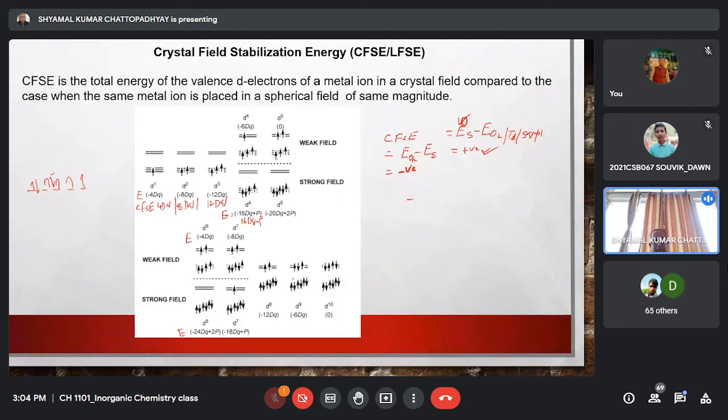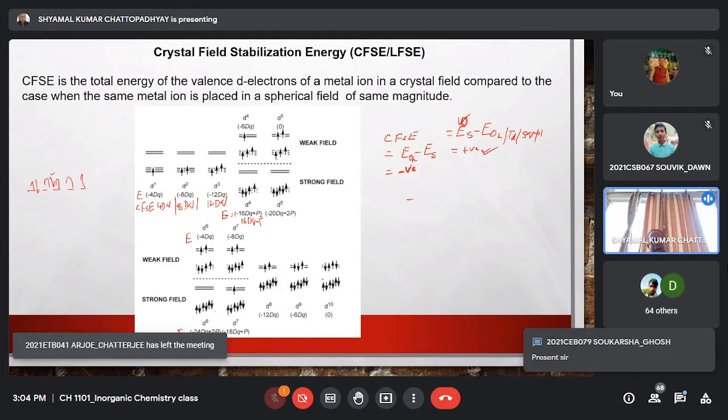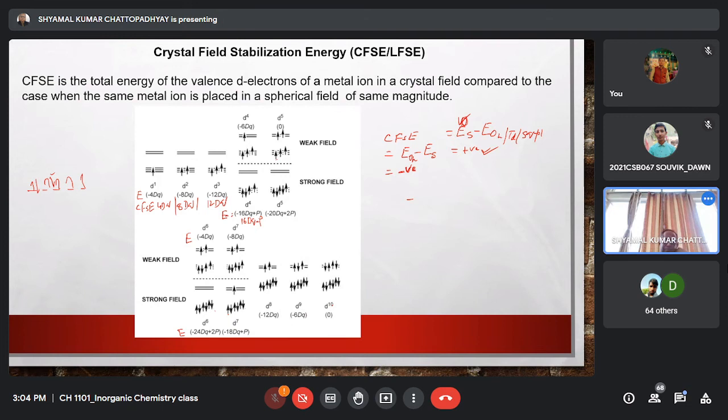But we will talk more about this later, because there will be additional complication due to Jahn-Teller effect. And we have the d10 where we have no crystal field stabilization because the energy of the system is 0.